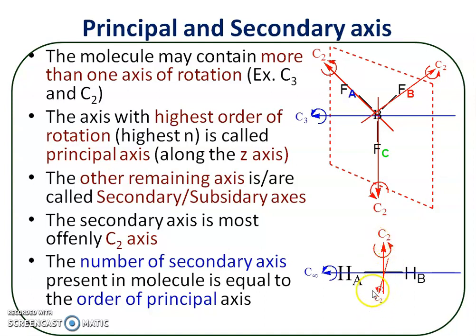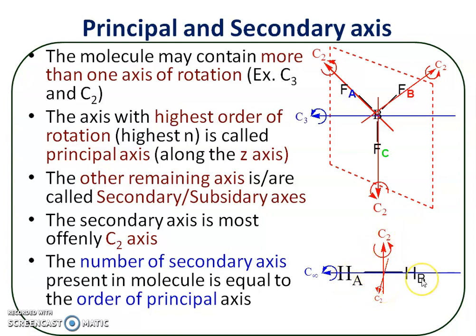When the molecule is rotated along this axis through 180 degrees, again there will be an exchange between Ha and Hb. In this way, infinite number of axes will pass through this point which are at right angle to the C infinity axis, and all these C2 axes are secondary axes.